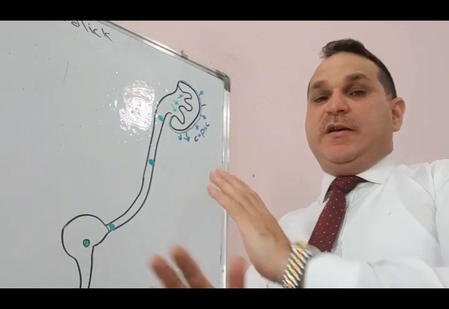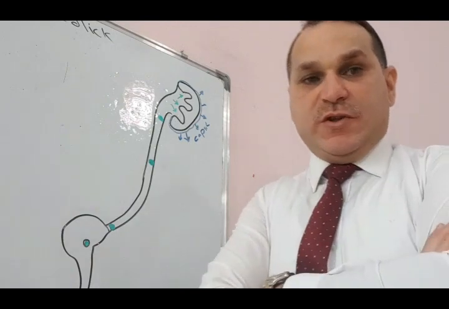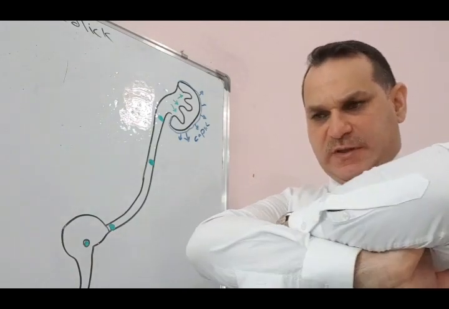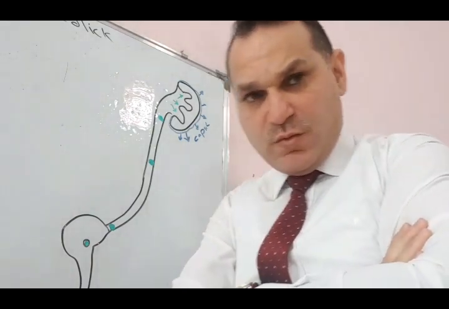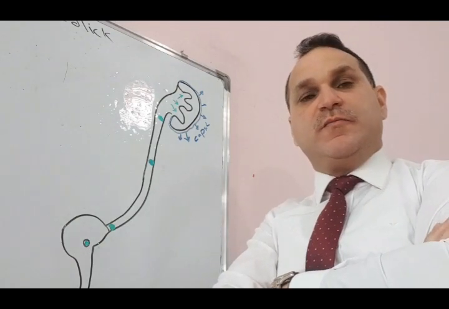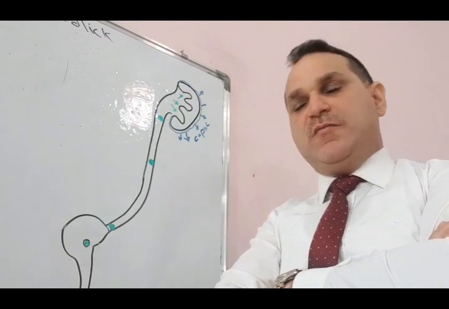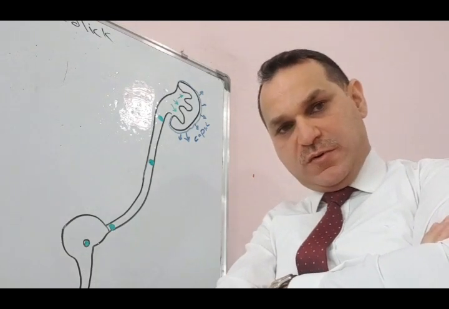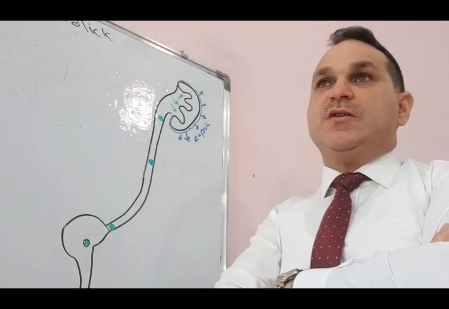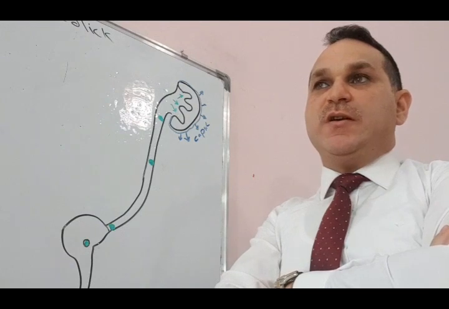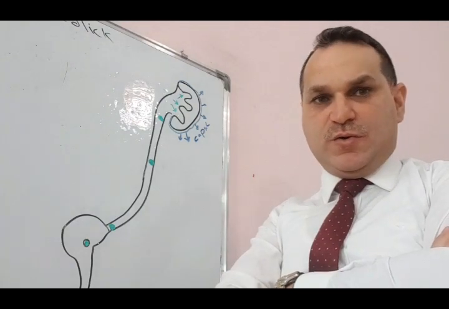And after the initial management of ureteric colic with the diclofenac injection or buscopan injection, whether we give him fluid or not, we should proceed into the final management of ureteric colic.